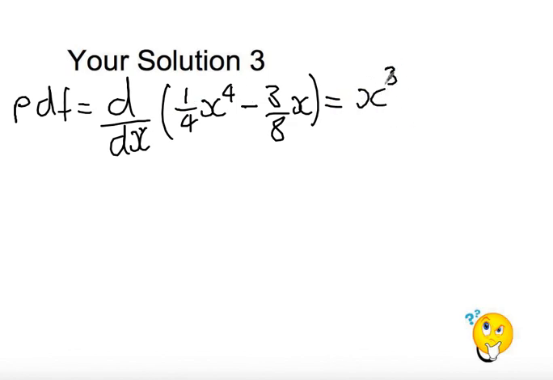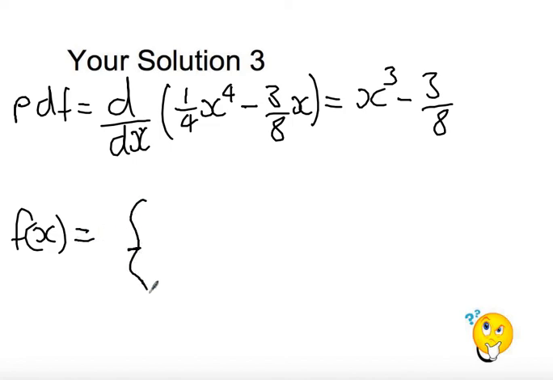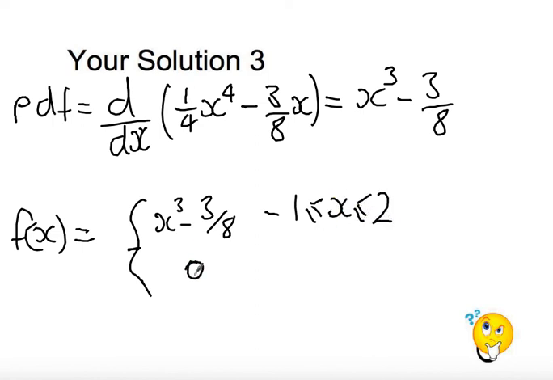So I get x cubed minus 3/8. And so strictly speaking, if we define the probability density function fully, what we get is f of x is equal to x cubed minus 3/8 for x between -1 and 2 inclusive and 0 otherwise.